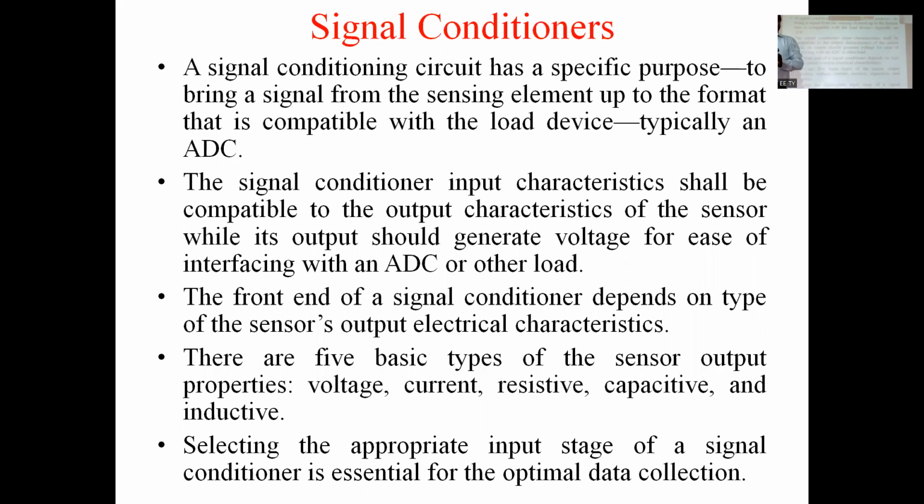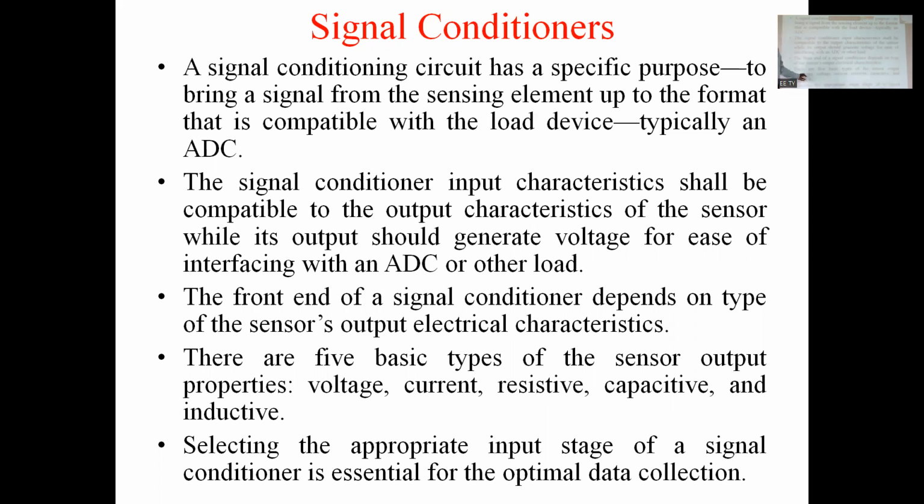So the output obtained from the sensor is in electrical form. So the front end of the signal conditioner and the input characteristics of the signal conditioner depend upon the sensor output electric characteristics. Whatever the sensor output is, we interface with the same characteristics of the electronic device of signal conditioning, right?